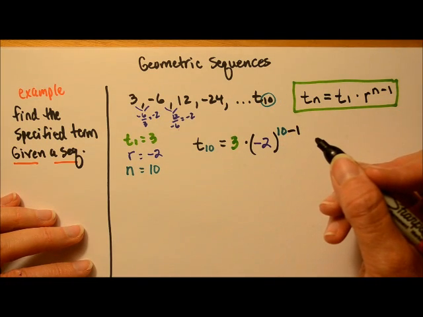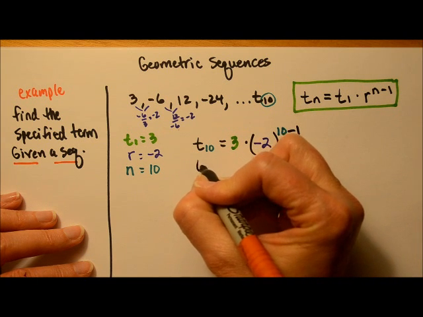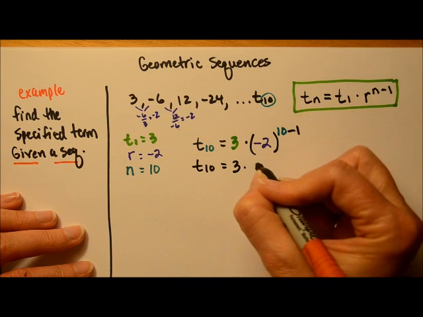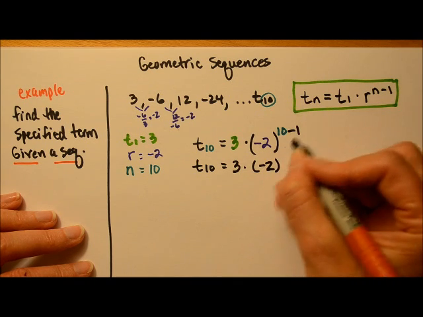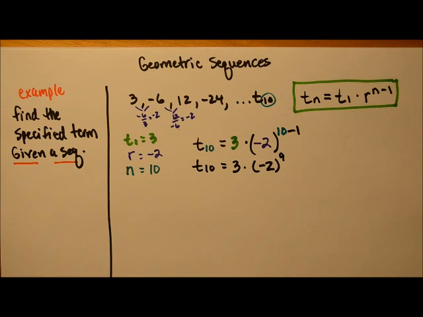Now this is when the calculator is super handy. Of course I don't have one sitting here with me, so I get to just try to use my brain. -2 to the 10 minus 1 is 9, so I have -2 to the 9th, and -2 to the 9th is -512.